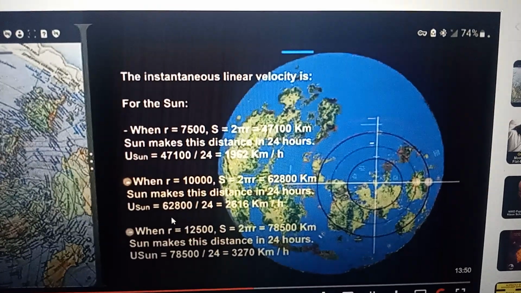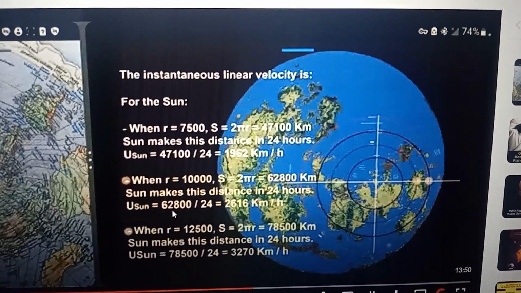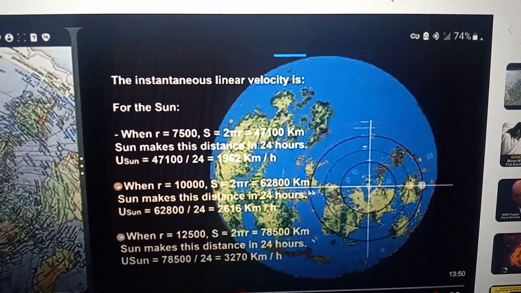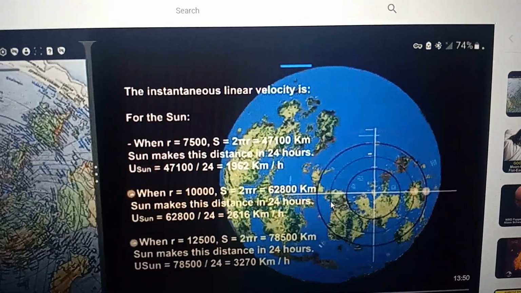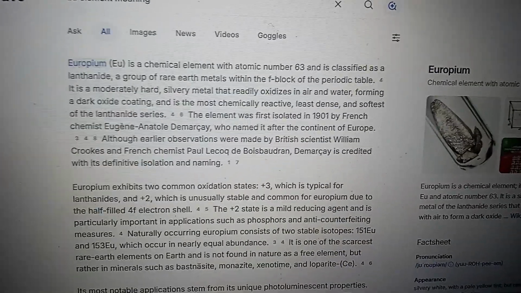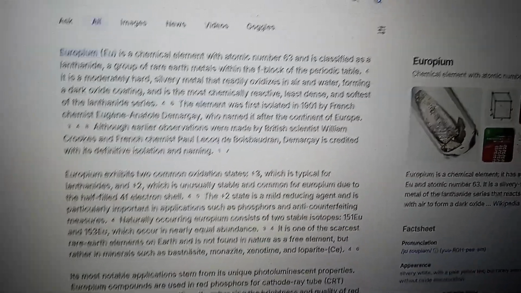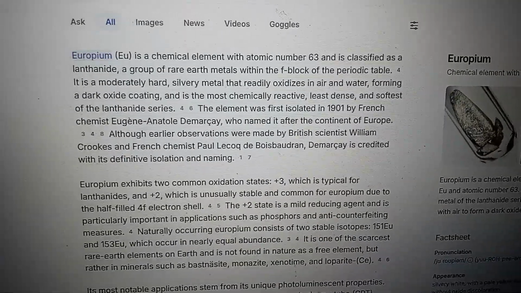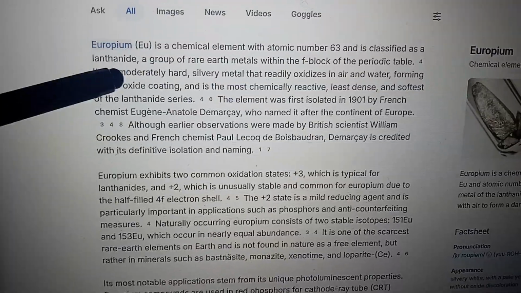And what do we have for the EU? 63. Okay, and that's right in the middle. Now, remember, we're talking about silver and reflection, the moon being silver reflection, and it's also a mirror image of the earth. So silver being one of the highest elements there, even though the sun represents gold.